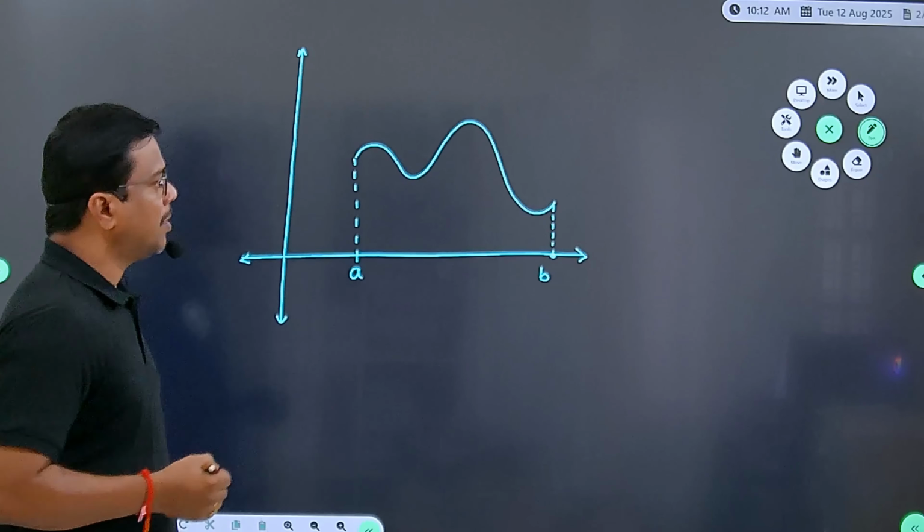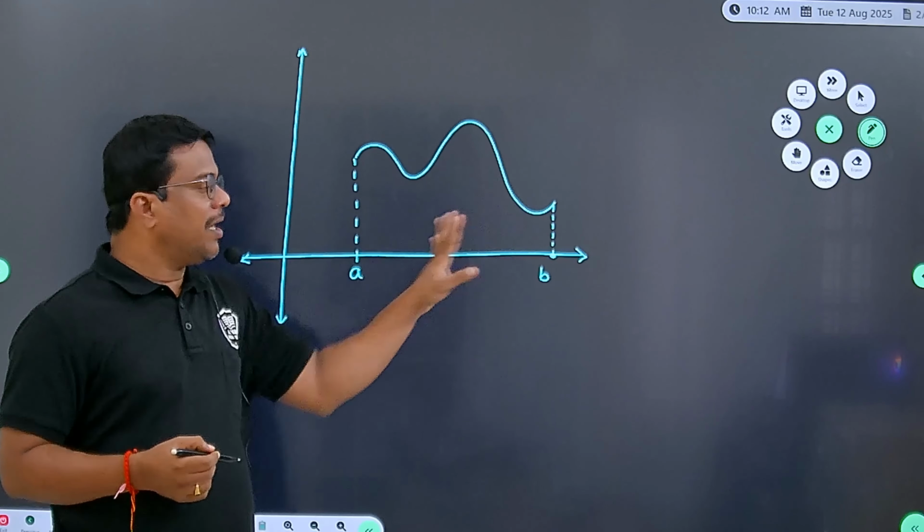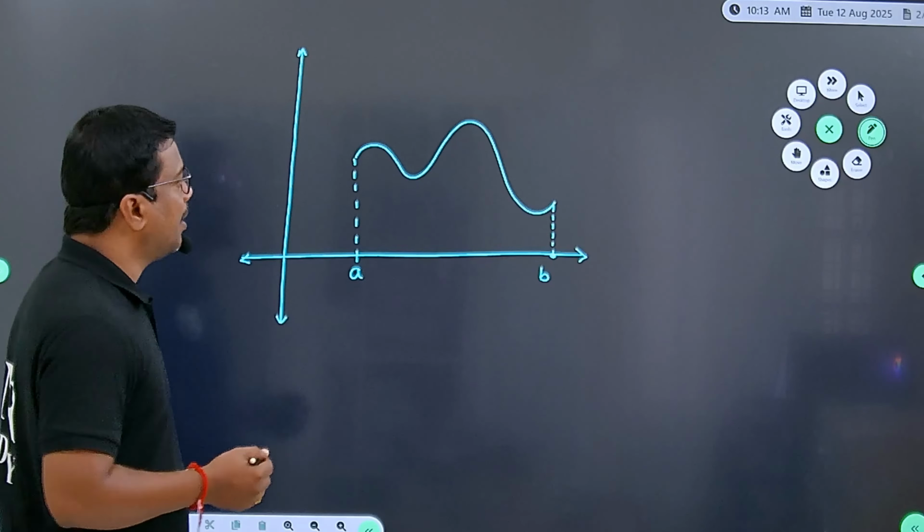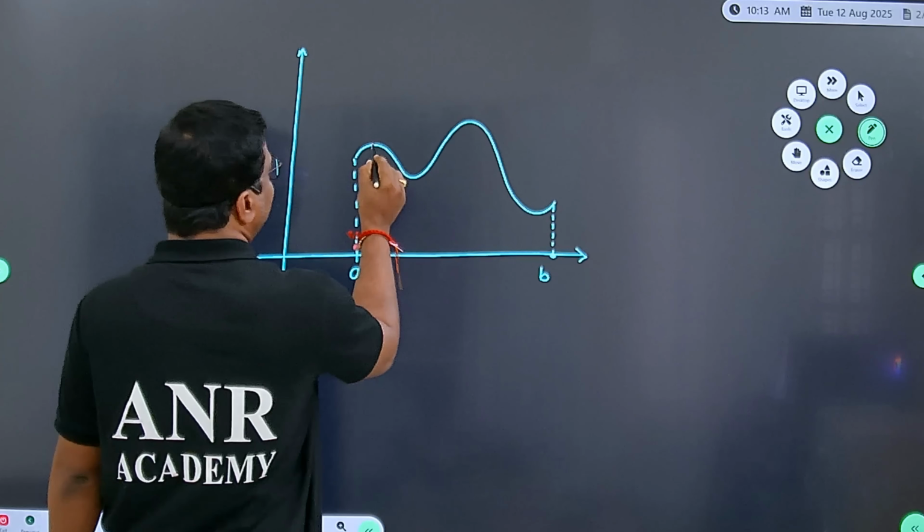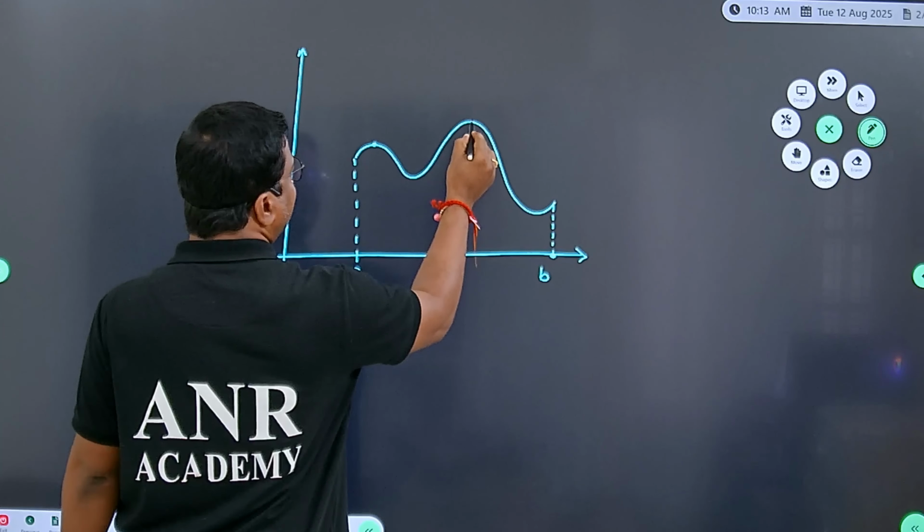The function defined on closed a comma b has maximum values here and here.